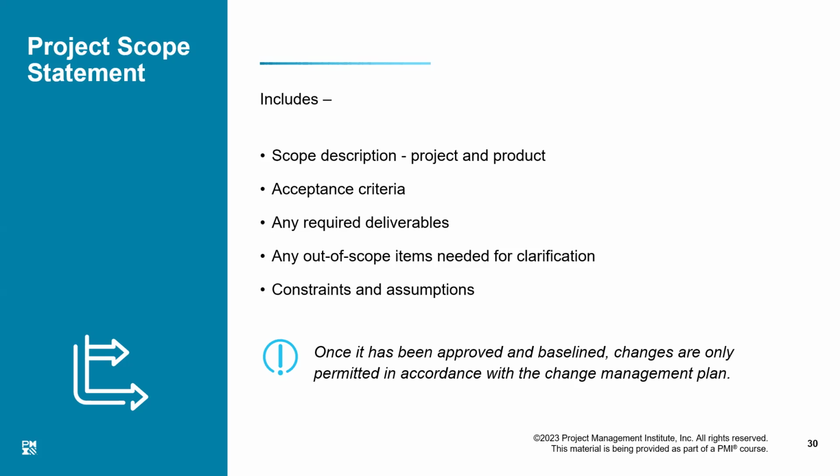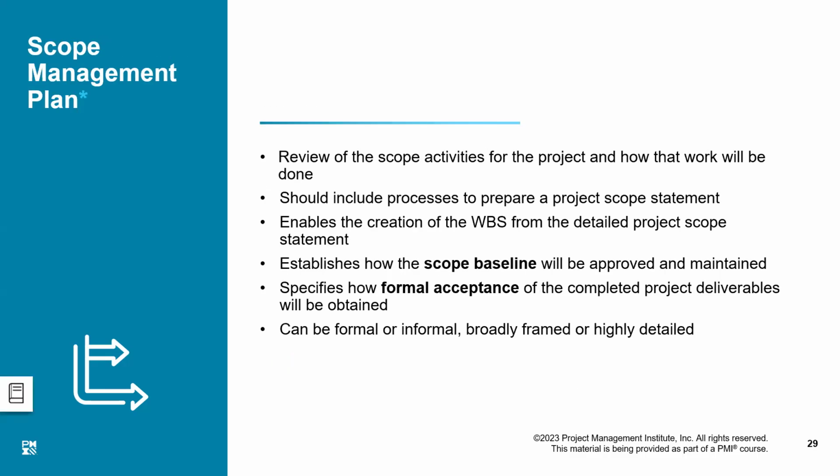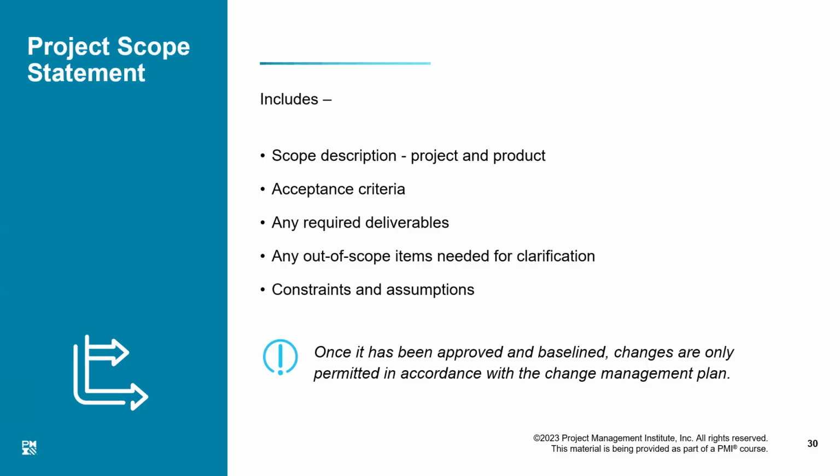The scope management plan was the procedure. The scope statement is the explicit detail about this project, right? So, where the scope management plan was just telling us how to do things as far as scope is concerned, the scope statement is exactly telling us what the project scope, product scope, acceptance criteria, and so on are.